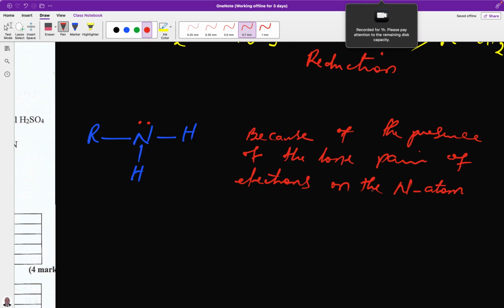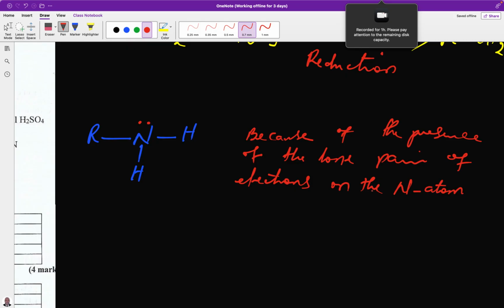For the purpose of revision, let me give the reason. Remember, a base is a proton acceptor, and an acid is a proton donor. Since a base is a proton acceptor, it must have a lone pair of electrons to donate to the hydrogen ion to form a coordinate bond.